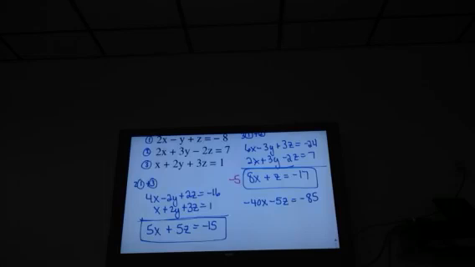Positive 85, thank you. And then my other one I'm not changing. So the other boxed equation is not changing. And I have negative 35x equals 70. Oh, I'm feeling better now. Divide, and x is negative 2.